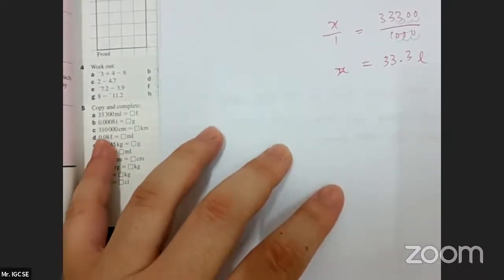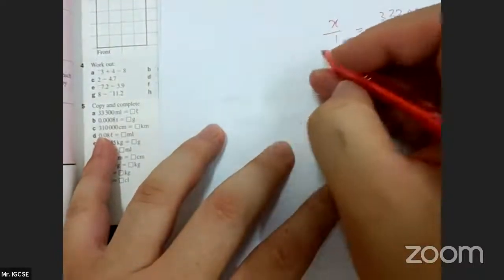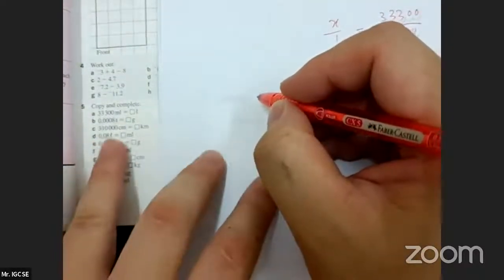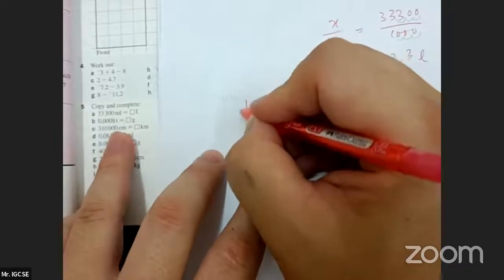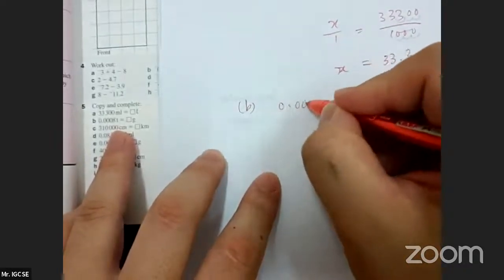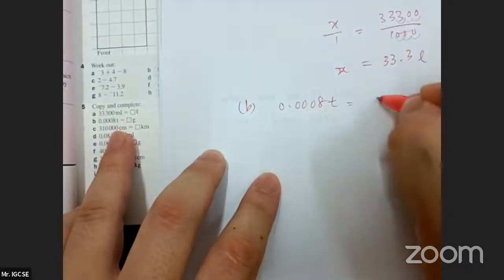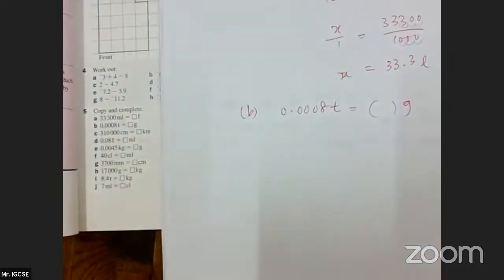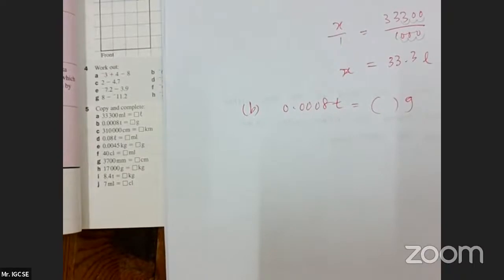Then we have to go to the number C. Number C is not so easy. Number B was not easy. Let's see number B. 0.0008 ton equal to how many grams? Before that, we need to know 1 ton is equal to how many grams?